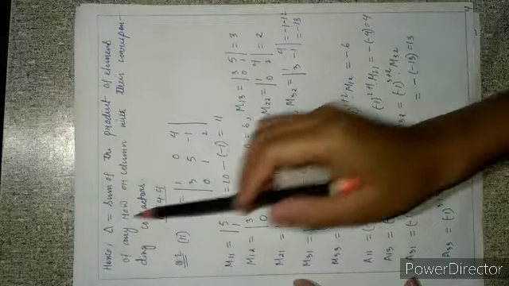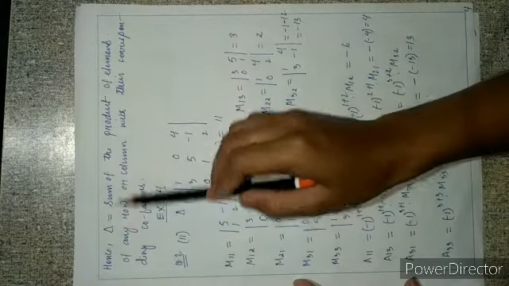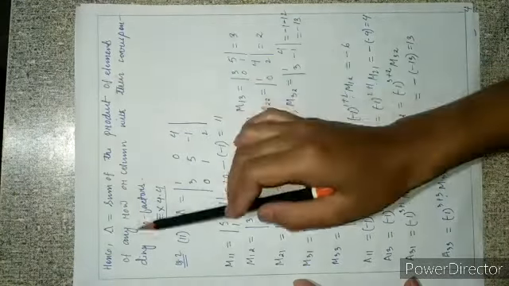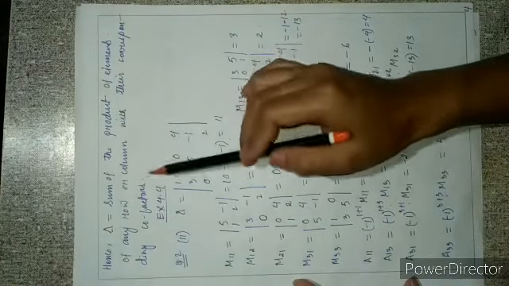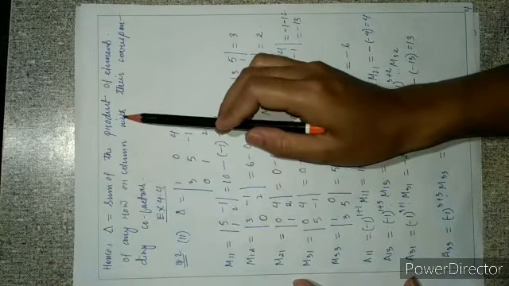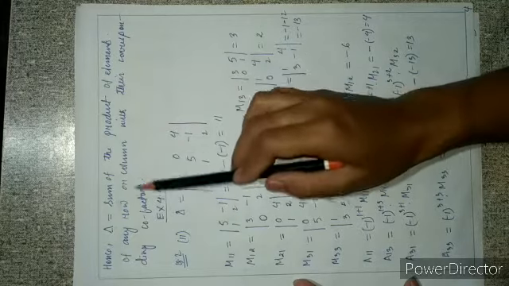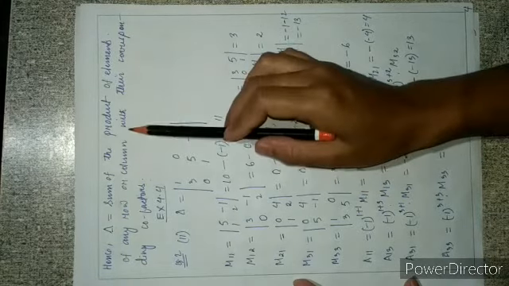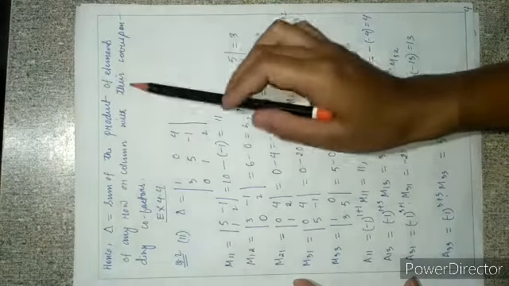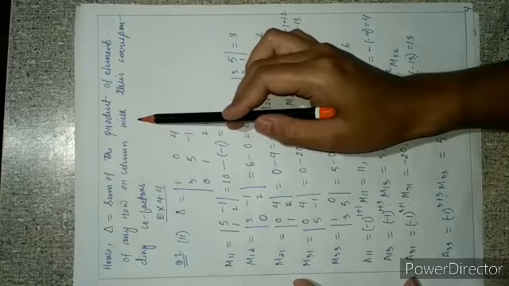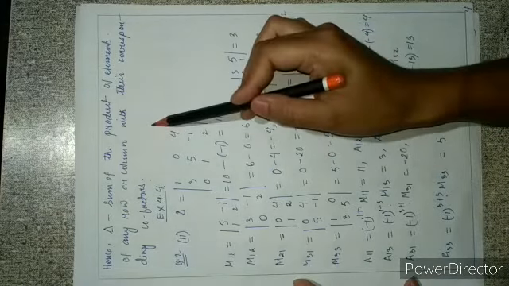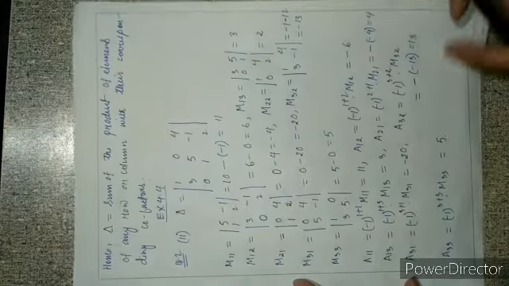Hence, we conclude that the value of determinant is equal to the sum of the product of elements of any row or column with their corresponding cofactors. If we expand along first row, we use the corresponding cofactors of first row; if along first column, the cofactors of first column.